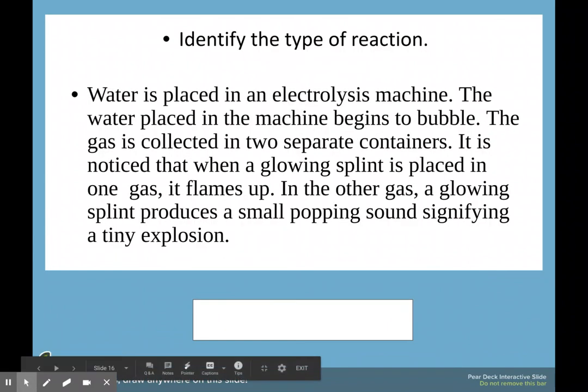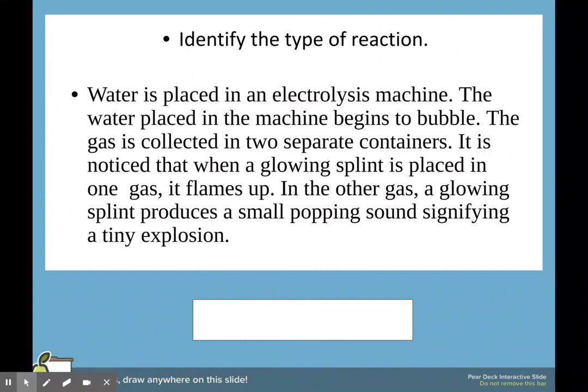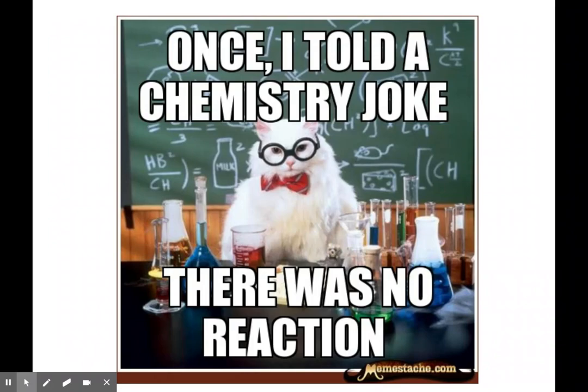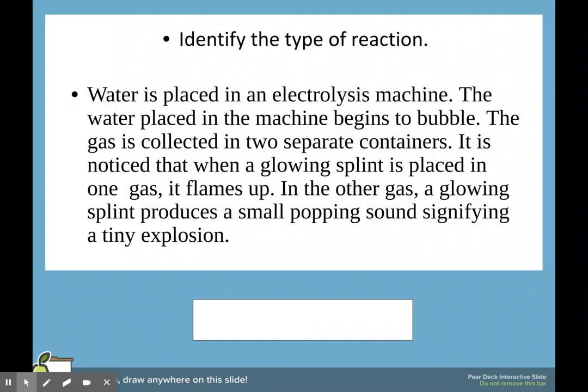We have water placed in an electrolysis machine. The water is placed in the machine and it begins to bubble. And we saw this example earlier. So we've got H2O, and we get bubbles.